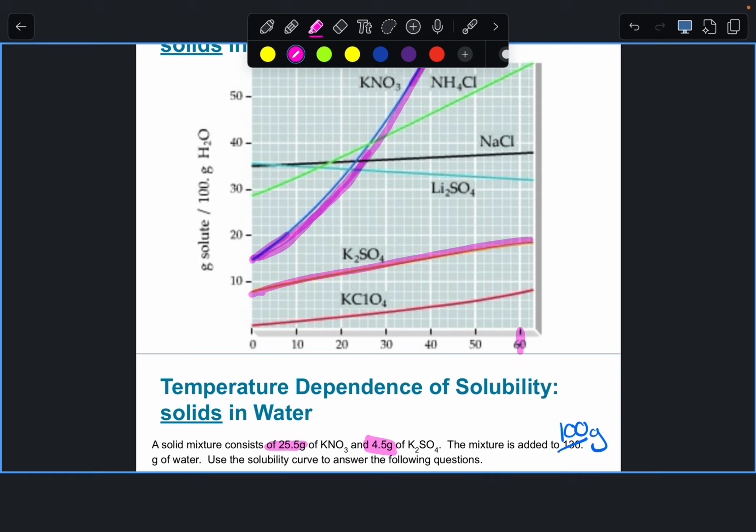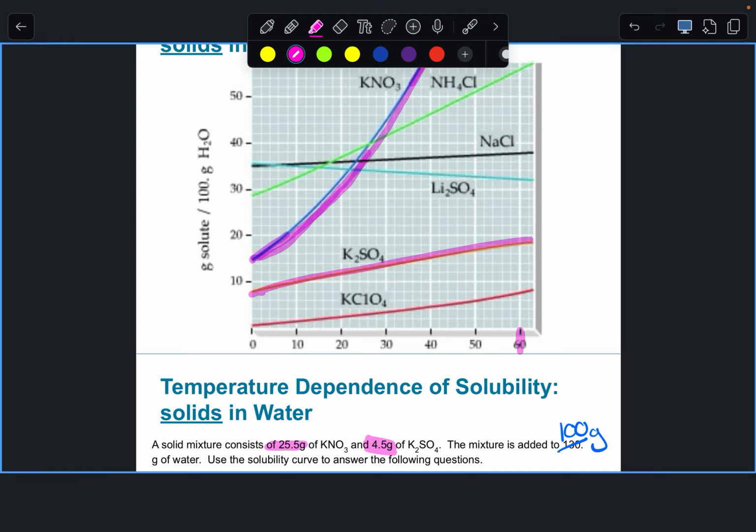Okay, let's at least look at the first two questions to start. So 60 degrees, and we'll start with this one, 25.5 grams of potassium nitrate. Oh my goodness, there is so much potassium nitrate, it's off the chart. So yes, I'm definitely going to be able to dissolve that 25.5 grams.